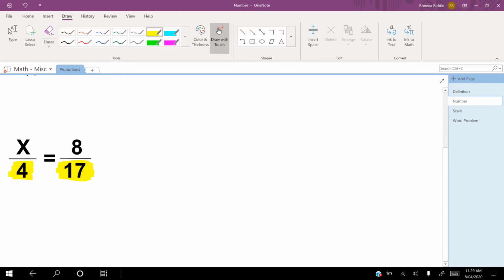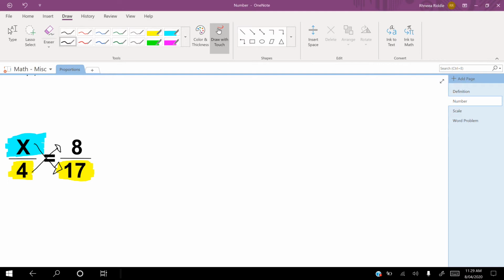But it's not obvious what you can multiply or divide 4 by to get 17, because we're looking for this x. So something that people use often is a little trick called cross multiplication. So you multiply this x by 17, and this 4 by the 8. So you multiply the numerators by the opposite's denominator and the denominator by the opposite's numerator.